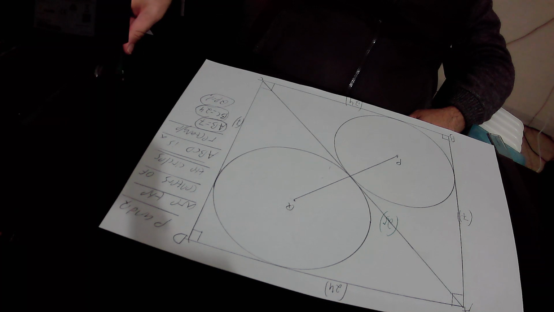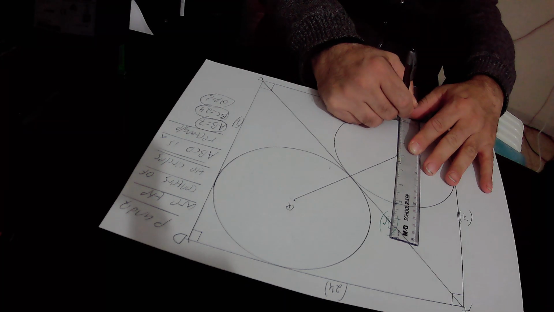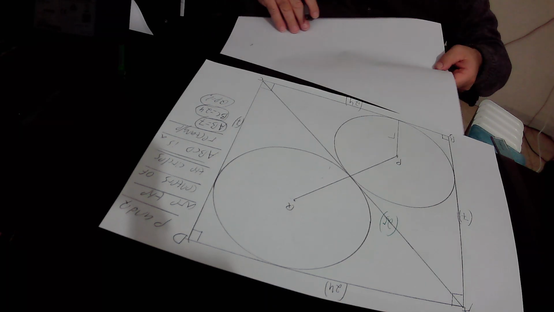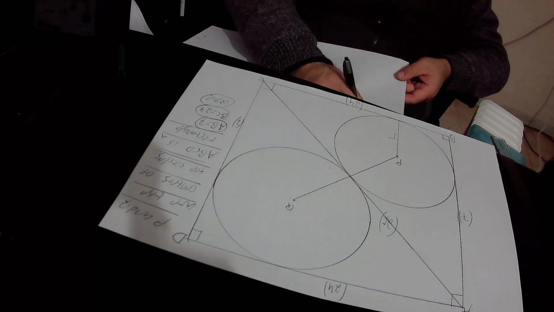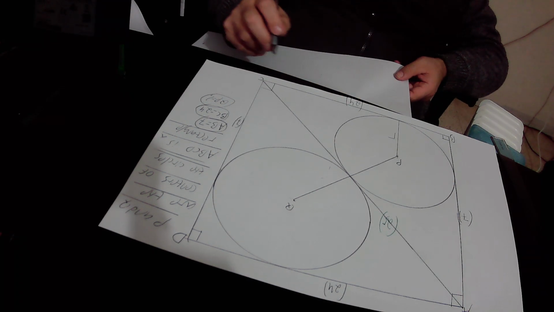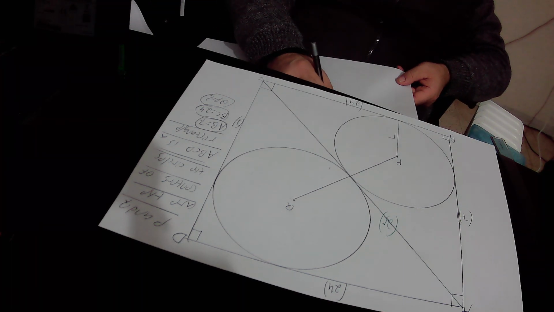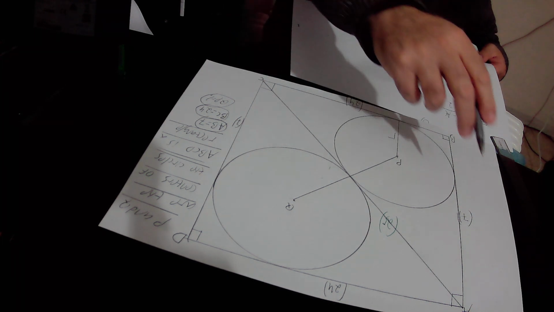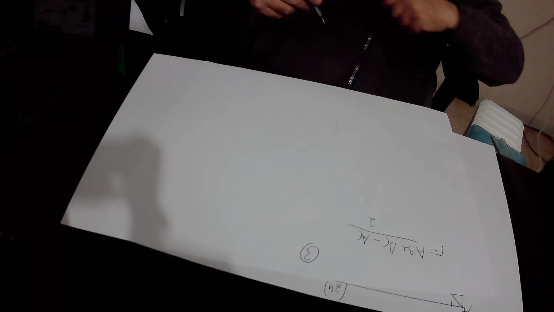According to the new formula that we developed here, if we define the radius of this circle as R, then R must be equal to AB plus BC minus the length of the hypotenuse, that is AC, over 2. Repeat again, the radius of this circle that is blocked by the right triangle ABC must be equal to AB plus BC minus AC over 2.